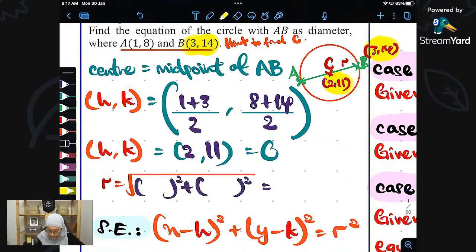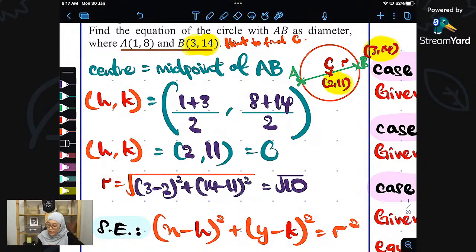This is my point B. So it will give me 3 minus 2, which is 1. And then 14 minus 11, which is 3. So you calculate this, you will get square root of 10.